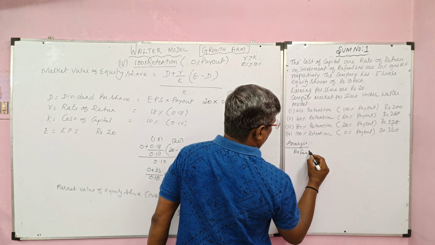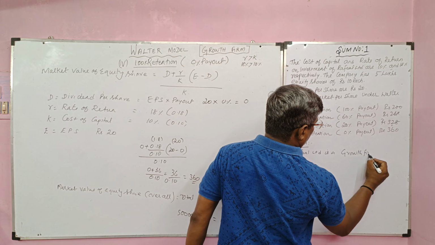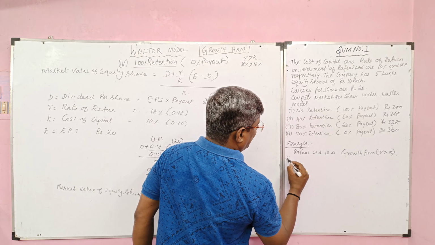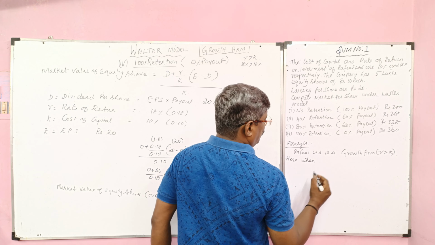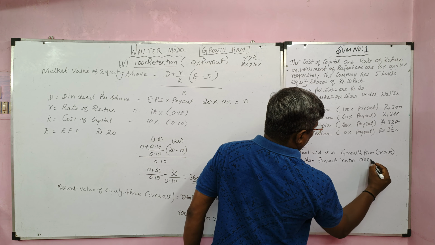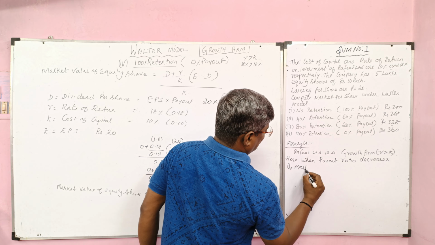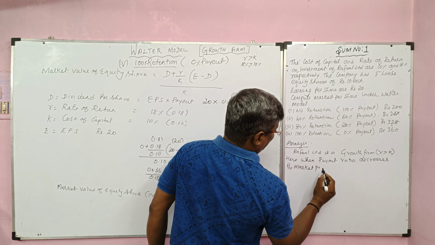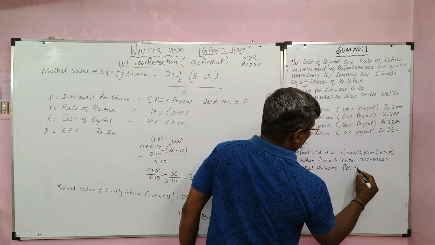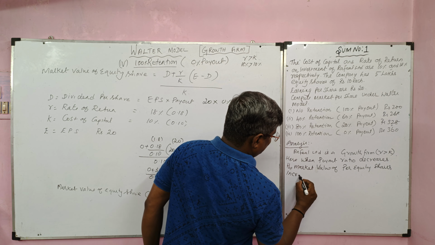So analysis: Rafael Limited is a growth firm, which is R more than K. Here, when payout ratio decreases, the market value of per equity share increases.